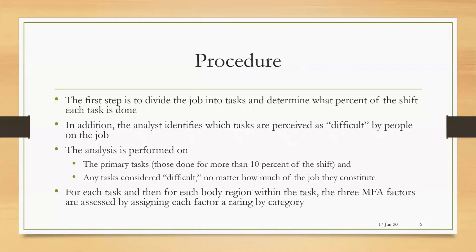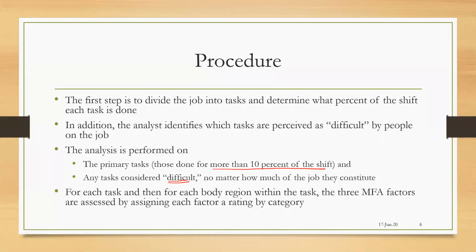The analysis is performed on the primary tasks that are done for more than 10% of the shift. This is one criterion. The second is any tasks considered difficult, no matter how much of the job they constitute.